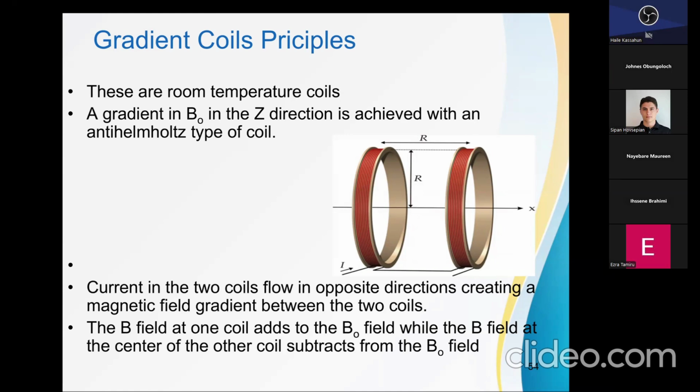If you have coils like these and you run current through them in opposite directions, you are going to have a magnetic field at the center of the coils which is relatively zero, increasing from the center going towards the coil and then also on the other side. So you end up with a spatially varying magnetic field: negative on one side, growing up to zero, and growing up to positive on the other side.